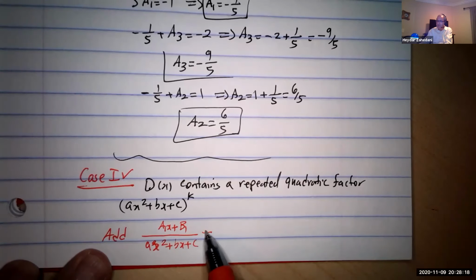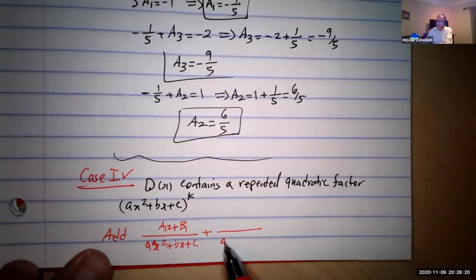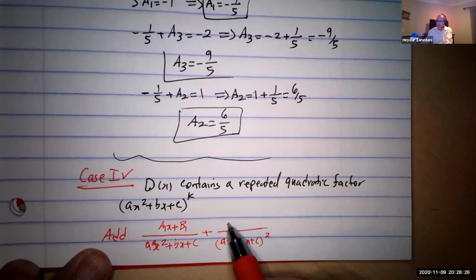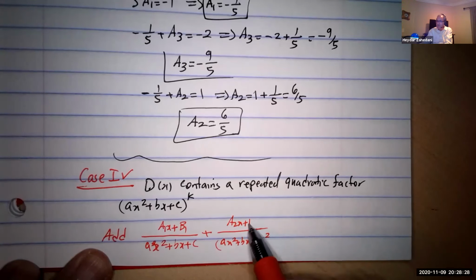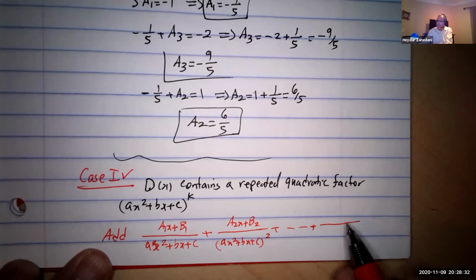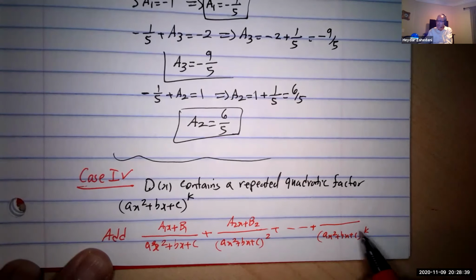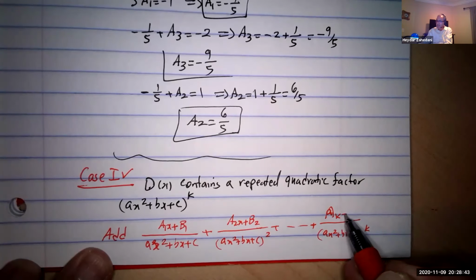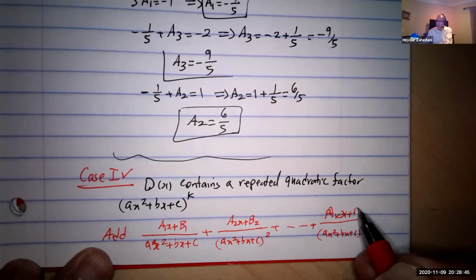And then you have to repeat this one. It depends how many times you have it. Okay, if it's a square, it's going to be a2x plus b2. You just keep going to get to the ax squared plus bx plus c to the k, and this is going to be akx plus bk.